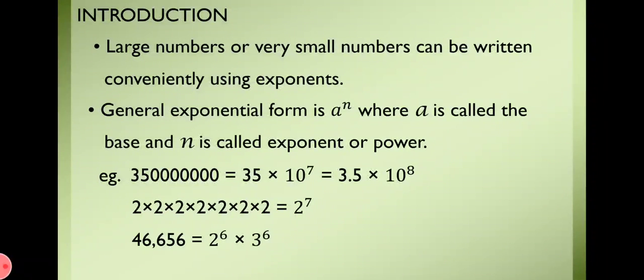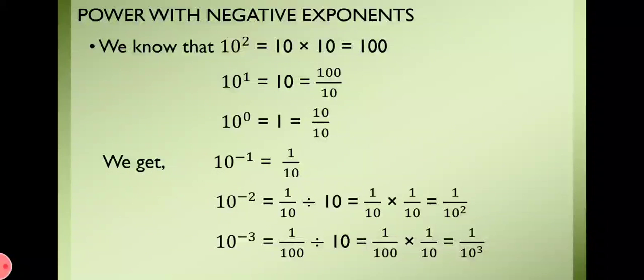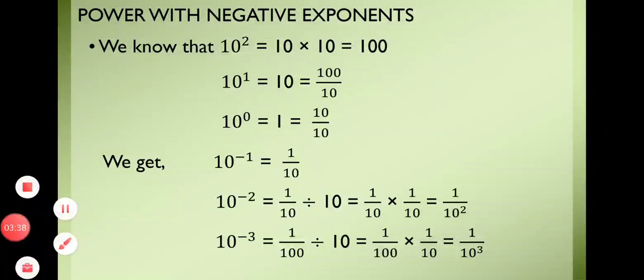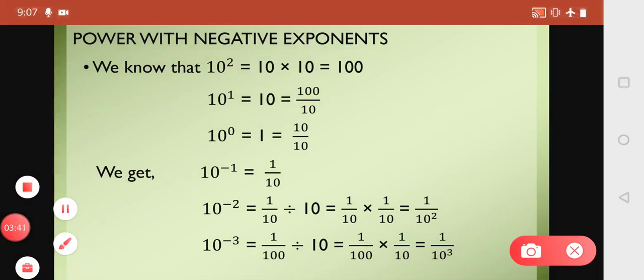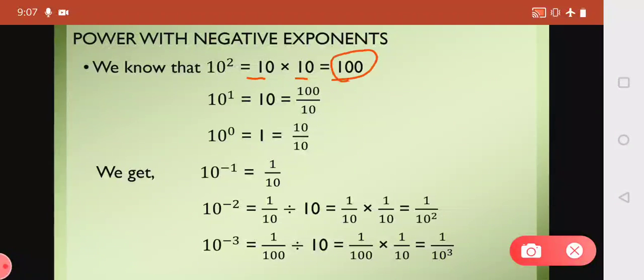Now, till the previous class we have learned only exponents with positive power. Let's see what happens if the power is negative. We know that 10 squared can be written as the product 10 into 10, that is 10 two times, which gives 100.